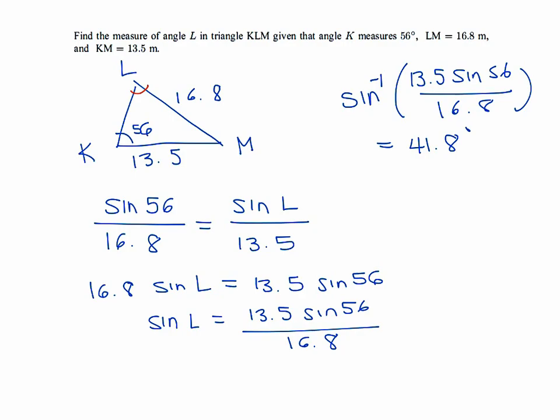So if we subtract 41.8 from 180 degrees, we get 138.2. Let's see if this makes sense. If we add 56 degrees, because that's what's given to us, to 41.8, it doesn't pass 180 degrees, so that's okay. If we add 56 to 138.2, it surely goes over 180 degrees, which is an impossible case in a triangle. Therefore, the only solution in this case would be 41.8 degrees.